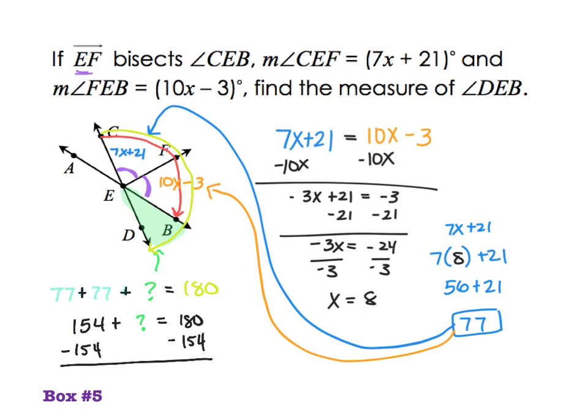And I get question mark equals 180 take away 154. It equals 26 degrees. This measurement here equals 26 degrees. So that means that the measurement of angle DEB equals 26 degrees.